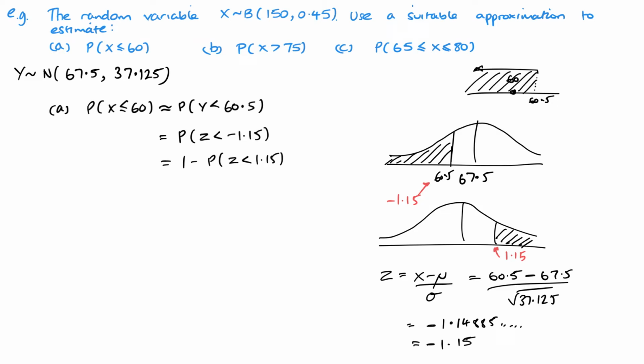If you wanted me to take in the extra step, we would have this line in there, and then finally my 1 minus probability that Z is less than 1.15. So that's the steps of what I'm doing.